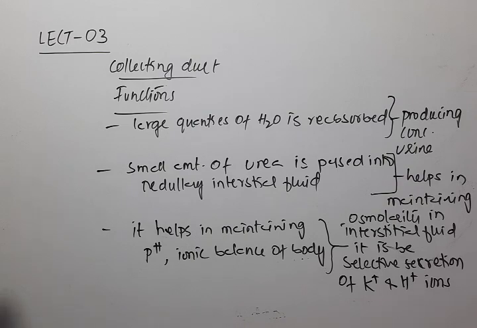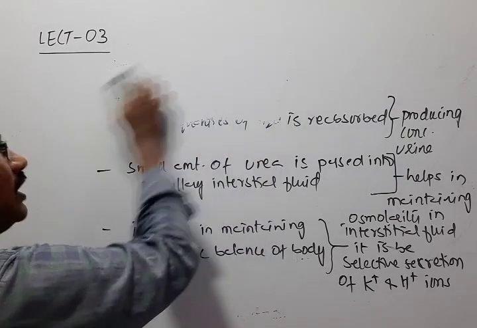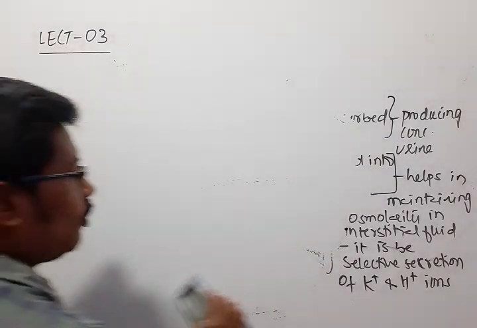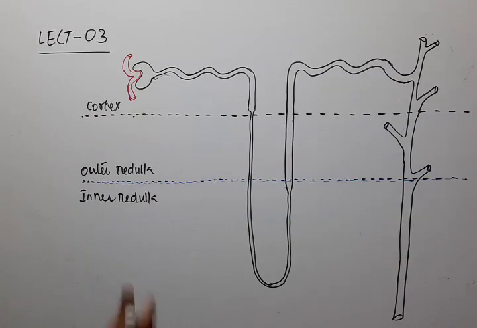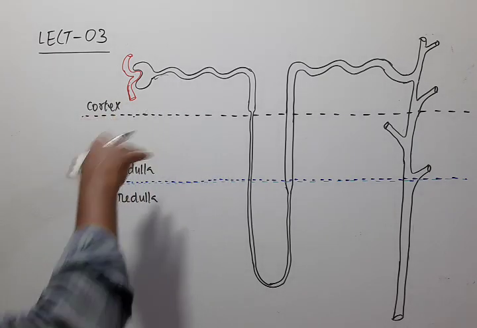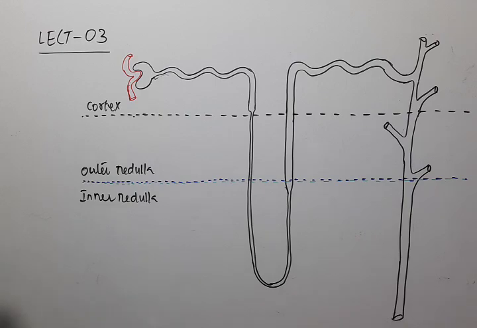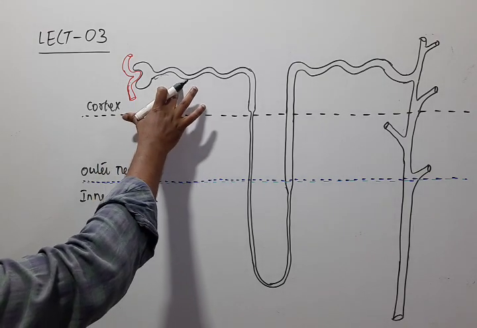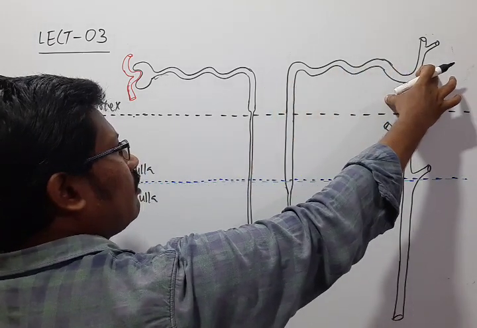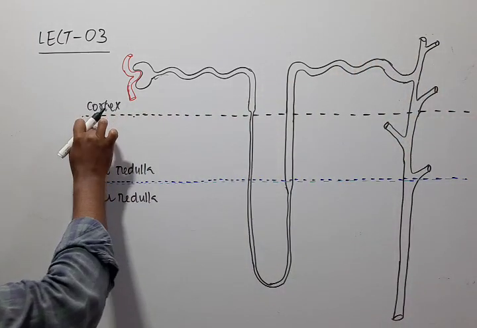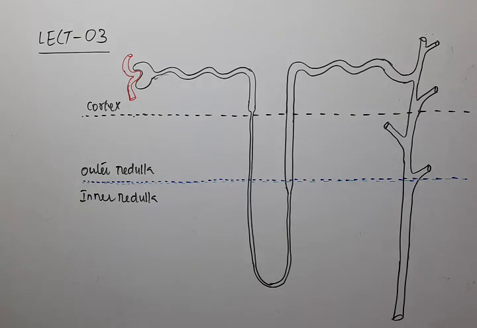Now let's see the diagram of the nephron and see at what parts the absorption takes place and selective secretion takes place and so on. Here I have drawn the diagram of the nephron, and in the earlier session I told you that the PCT, the DCT and some portion of the collecting duct are present in the cortex region.